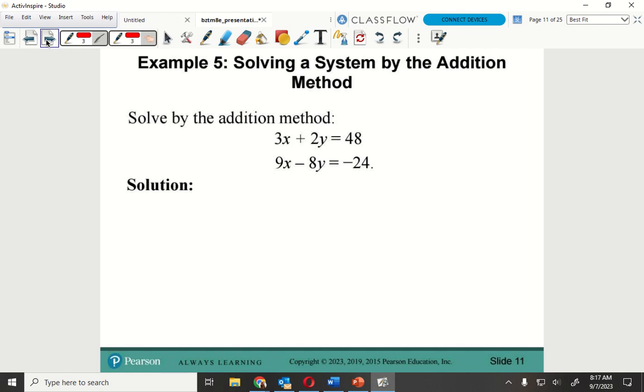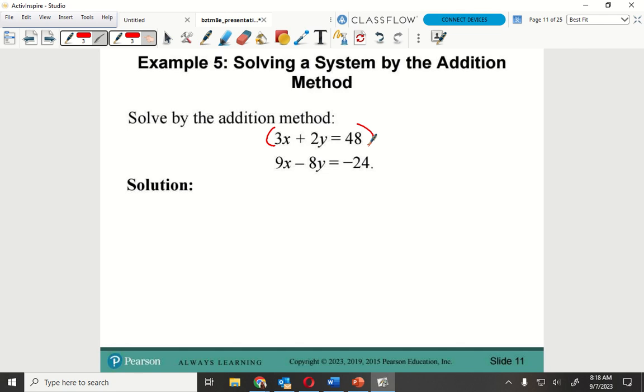Can I do something to the entire first equation? I'm going to multiply the entire first equation by some number, some constant, and I'm going to make it add up to a positive 2y. So what would I multiply this entire first one by? Remember, I want my y's to cancel.